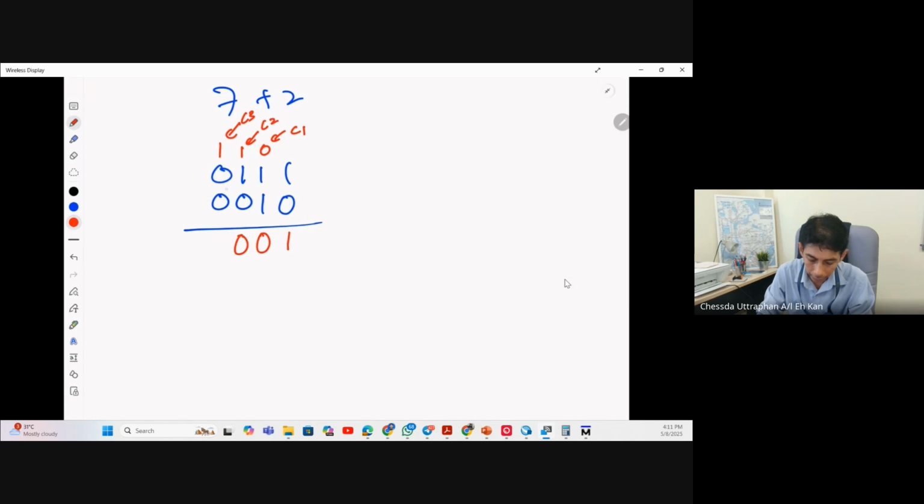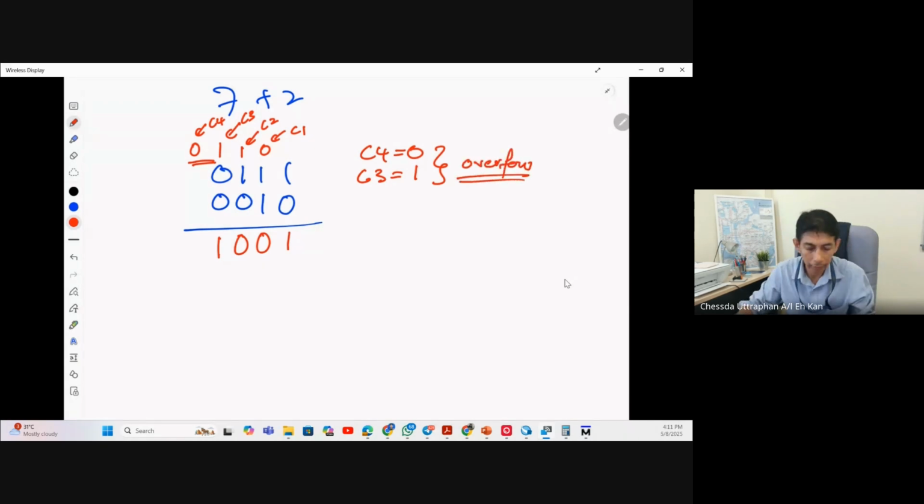Then 0 plus 0 plus 1, you have 1, and you have 0 carry. This is C4. So we observe these two: when C4 equals 0 and C3 equals 1, this normally gives you overflow. Overflow happens, right?